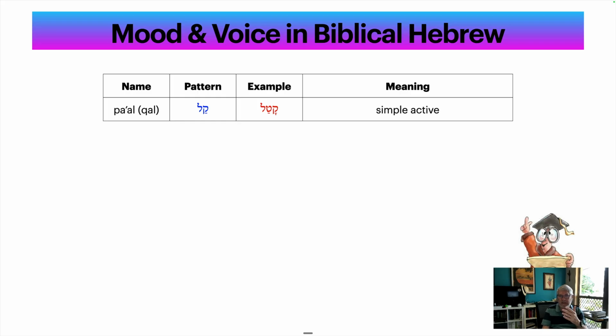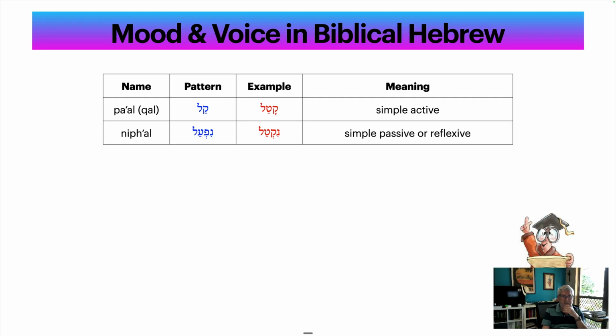So it's kind of like indicative active in terms of what we were just discussing. The niphal is passive, but it's a simple sense of the verb, but it's passive or reflexive. Can be either. So that would be either passive or middle in terms of the categories we were just using.